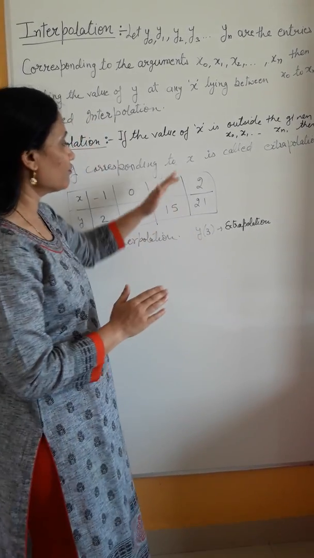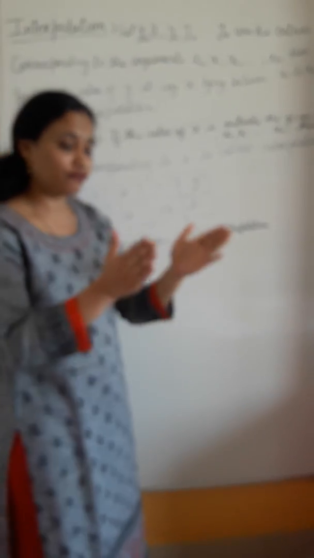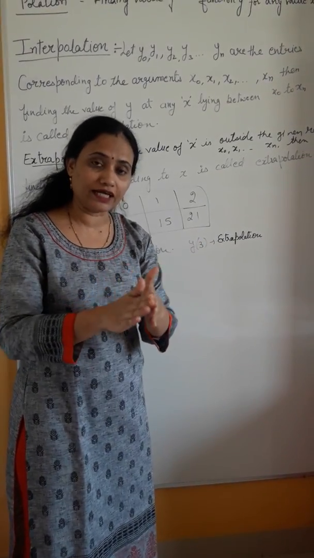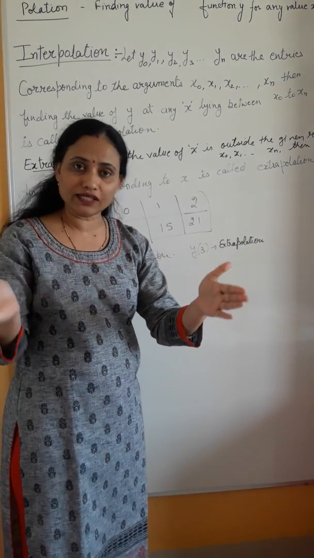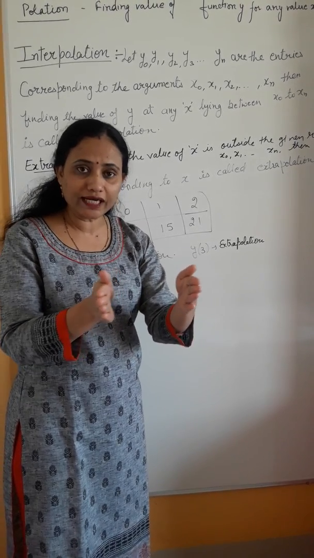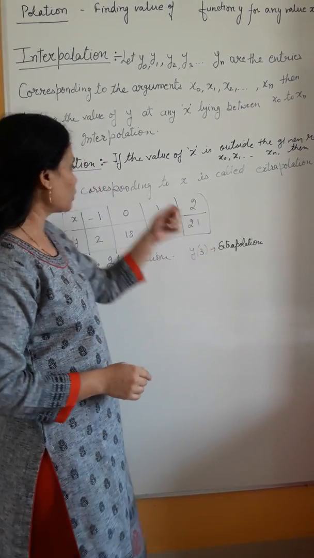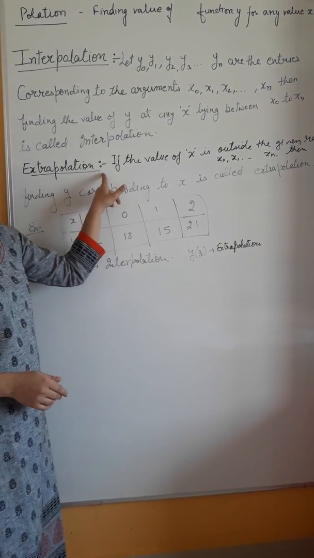Okay. Now if the value of y which we have to find is at an x which is not lying in this range, that is, lying outside the range, on this side or that side, then the process of finding y is known as extrapolation.